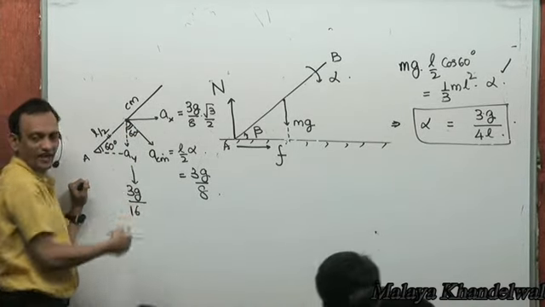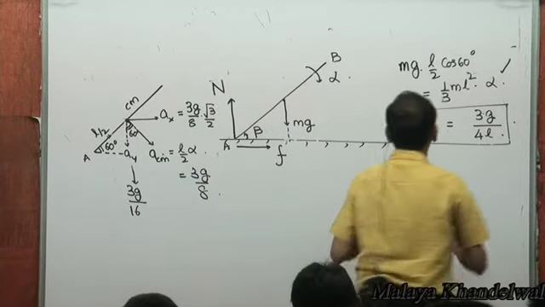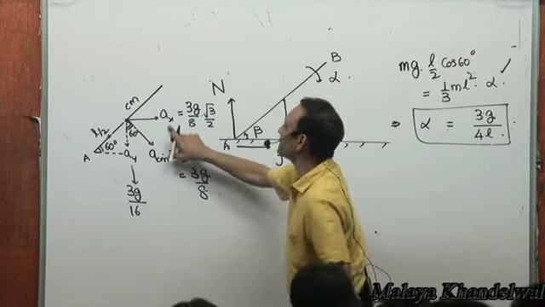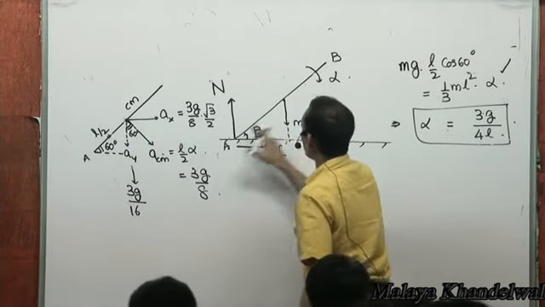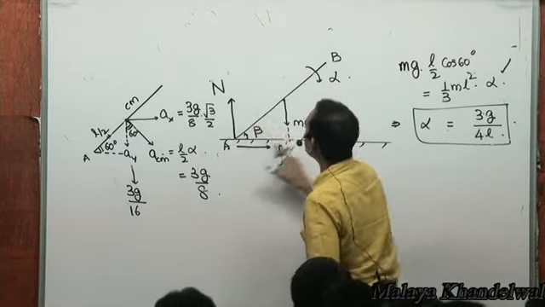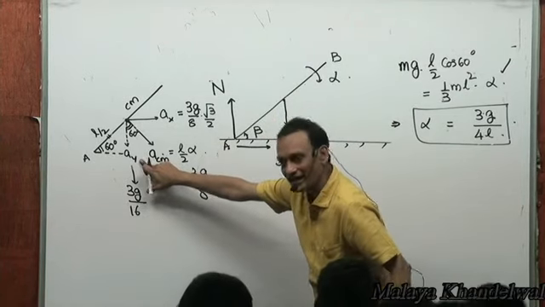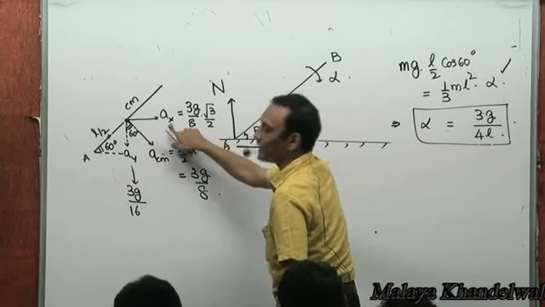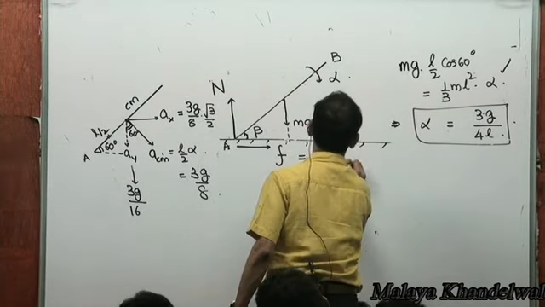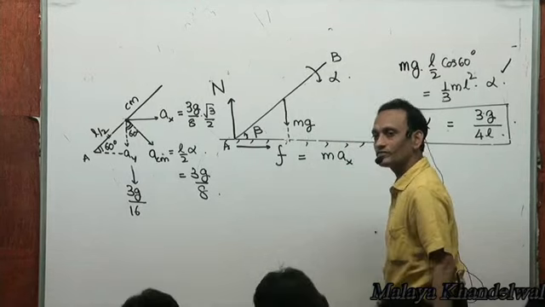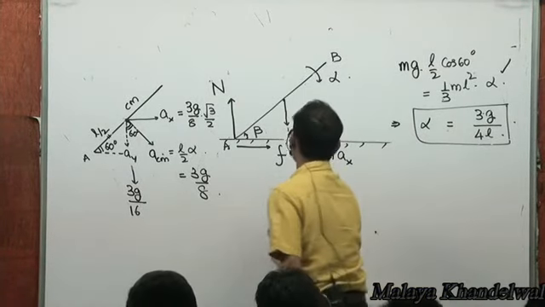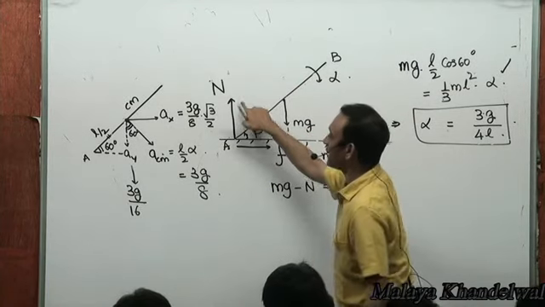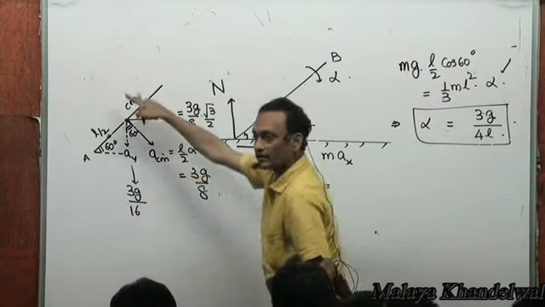Right? So you know ax and ay. You already know the effect, so you can find the cause. F is instrumental in producing ax. mg minus N is instrumental in producing ay. Right? So F is known. What is F? F must be max. So F is known, ax is known, and mg minus N is may.